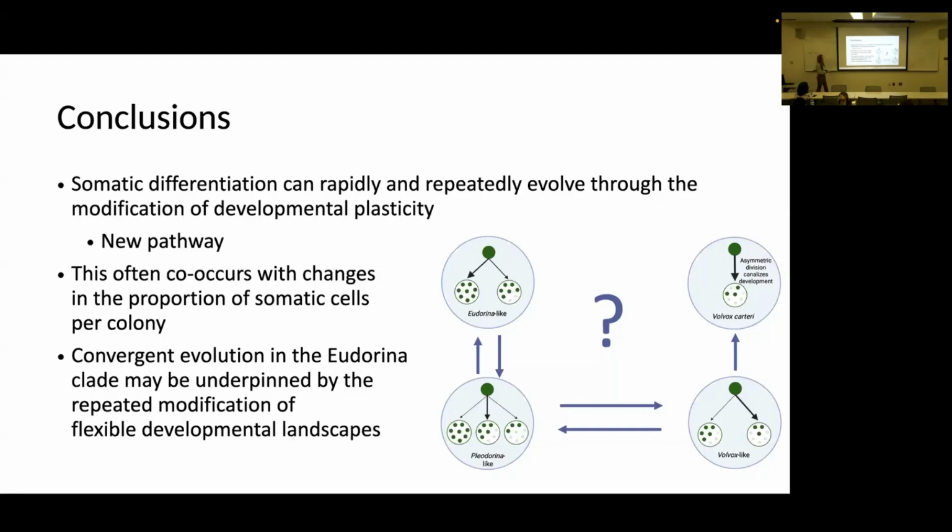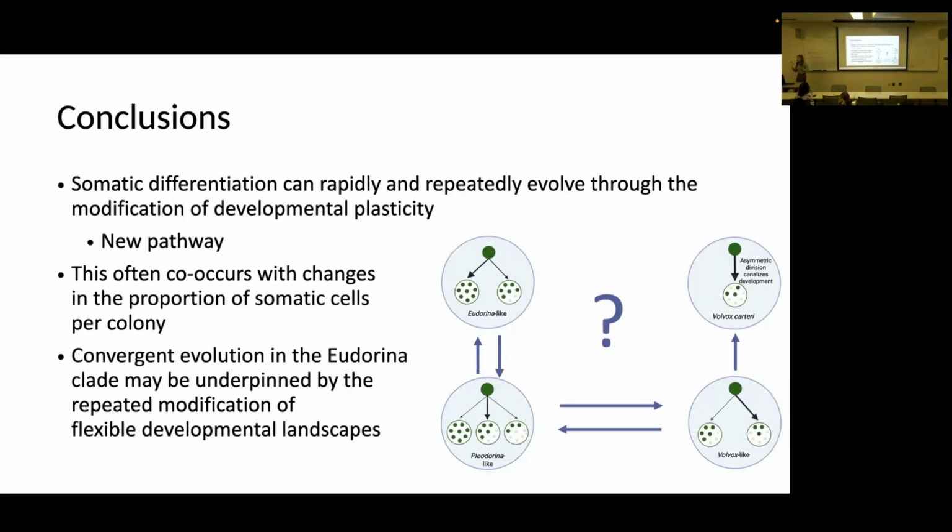Eudorina can develop to be differentiated or undifferentiated. And it's really easy for selection to act on differentiation and result in an increase in the proportion of somatic cells such that your proportion is similar to that of Pleodorina.